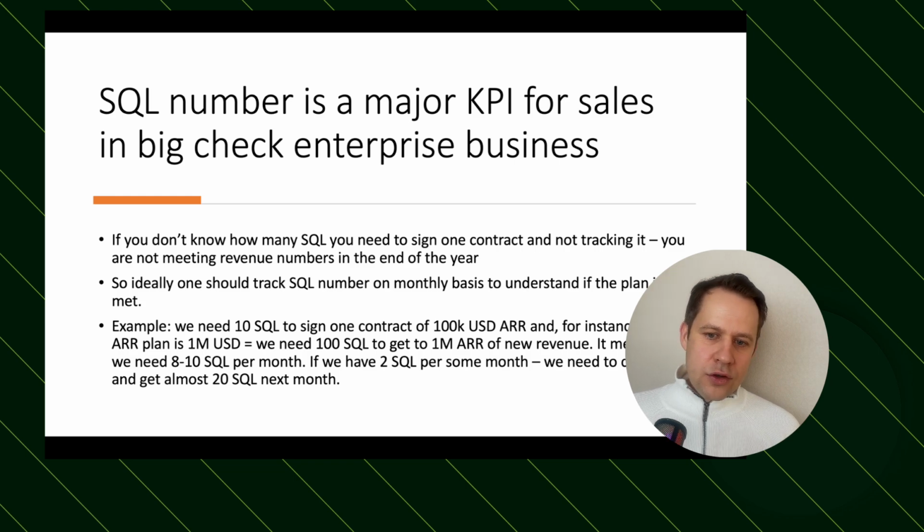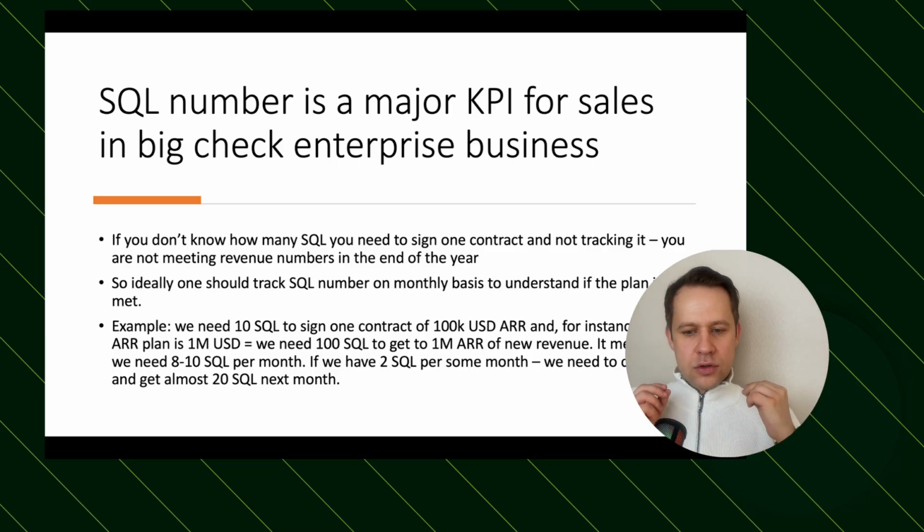To get there, you need to track the number of sales qualified leads every month. You need to understand how good your team is working, and you need to make sure that your team is motivated to achieve these numbers, at least on the SQL level.